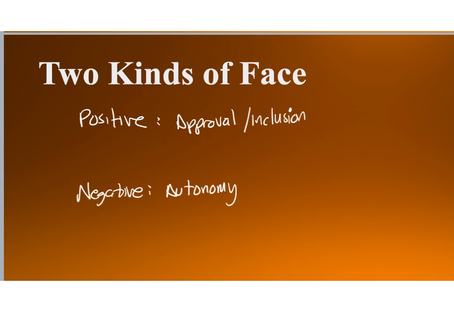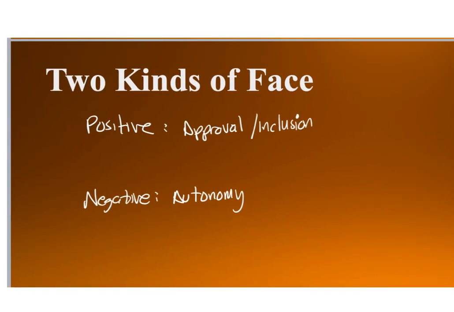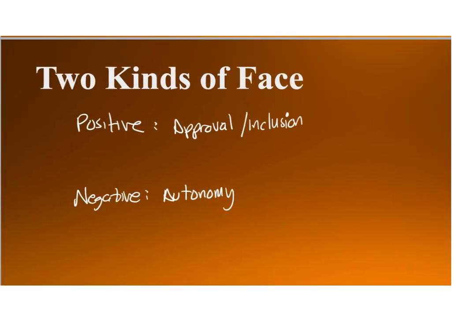So here's the way to remember positive and negative face. When you're talking about positive face, think of a cat purring on you. If we were to draw this, think of a little cat.